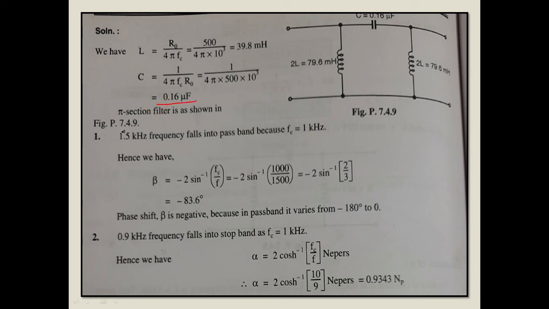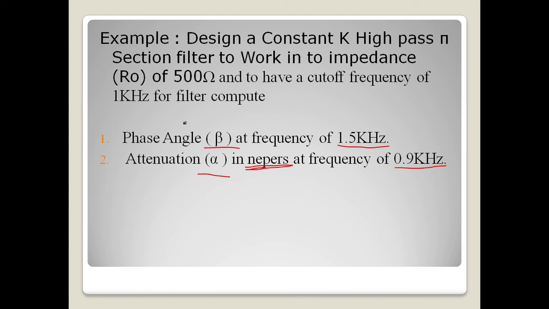So for the pi section filter as shown in the figure, the examiner expects us to find the value of phase angle beta at a frequency of 1.5 kilohertz and attenuation alpha at 0.9 kilohertz.